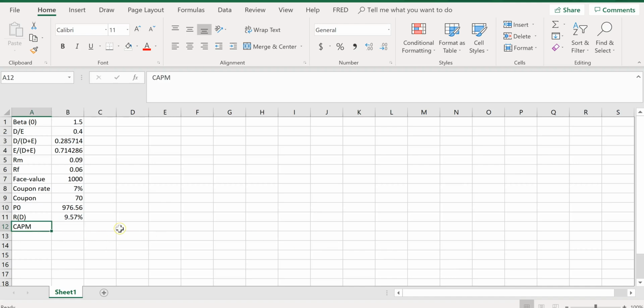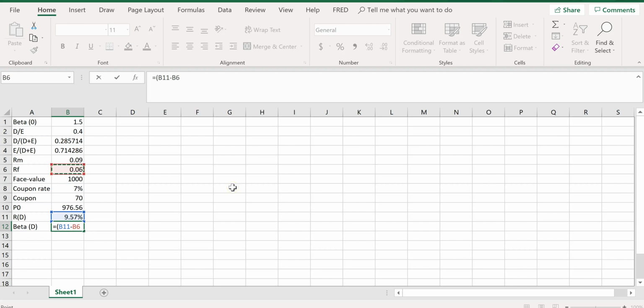Beta D is RD minus the risk-free rate right here, 6%, divided by RM, market return, minus risk-free rate.